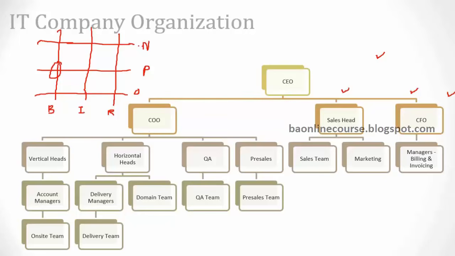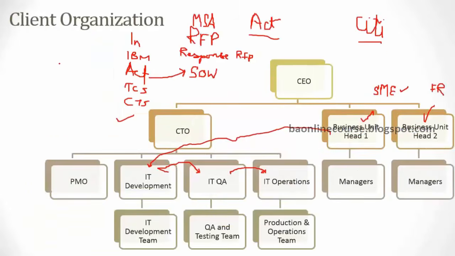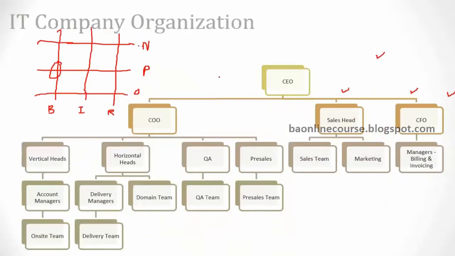If something is going wrong in the project, the account manager would be informed and asked to take corrective actions. They would also get new business. They will talk to the customers, identify new business opportunities, and win more business. They will participate in the RFP process and take care of things until the SOW is signed.